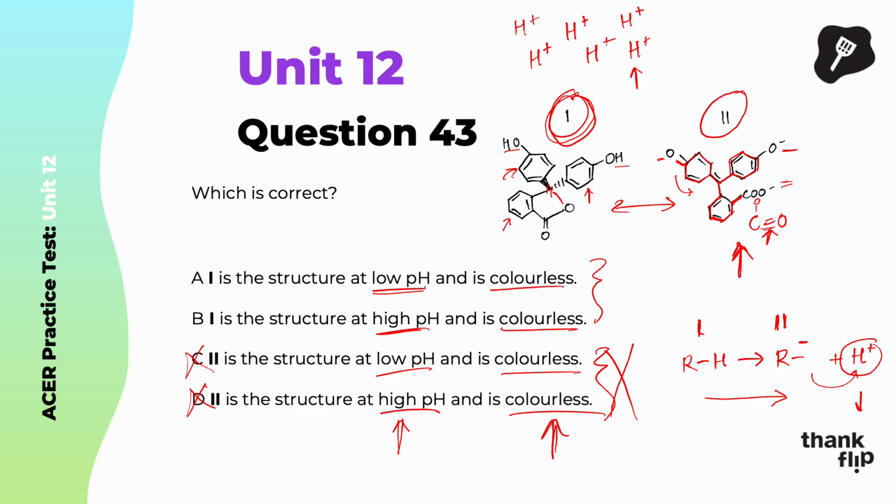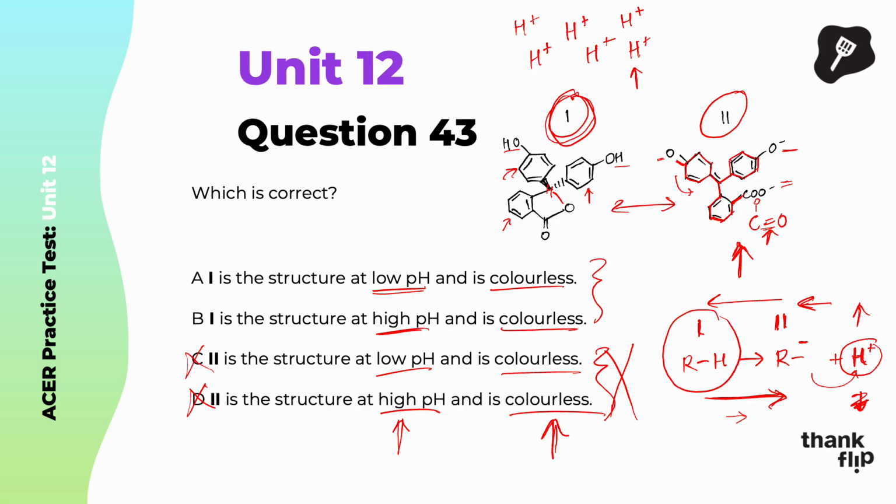Because if you have less of this, then your reaction will be pushed in that direction, and that's according to Le Chatelier's principle. Now, if you already have a lot of this, then the reaction is going to be pushed towards the opposite direction. So you'll have more of compound 1.